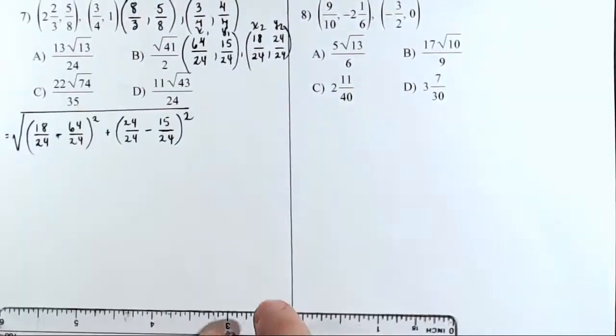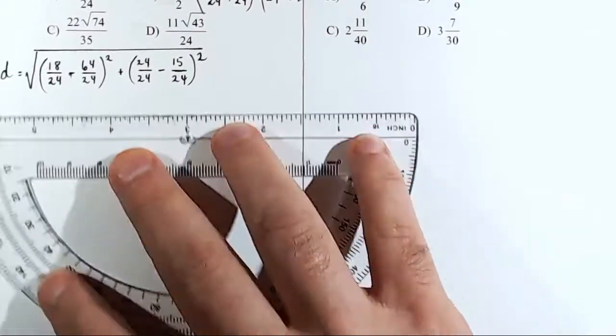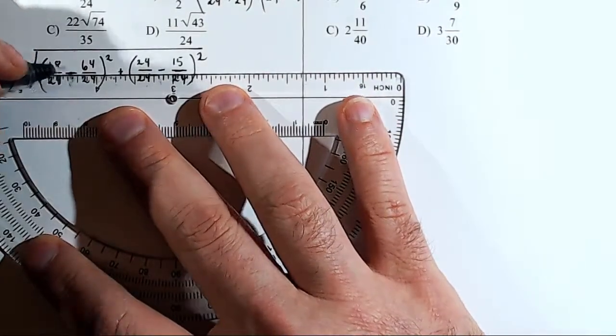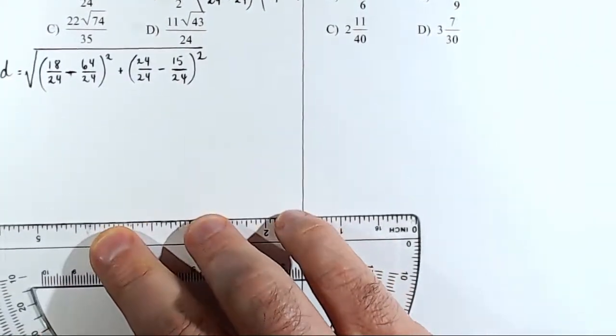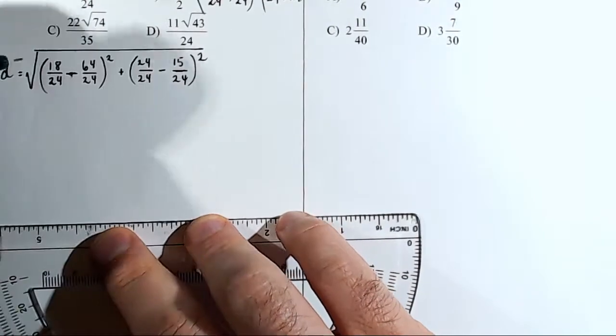Got to fight through the exhaustion here and keep working. This is a minus sign. It got smeared. Okay, so we got common denominators everywhere.